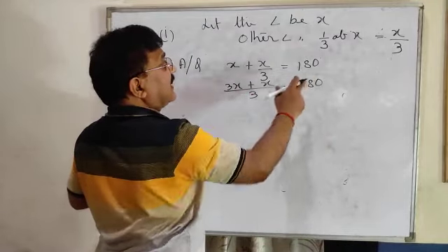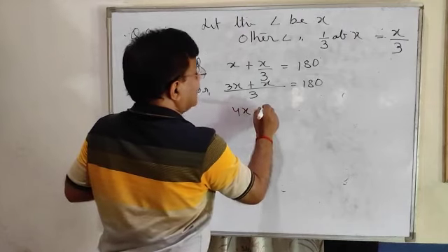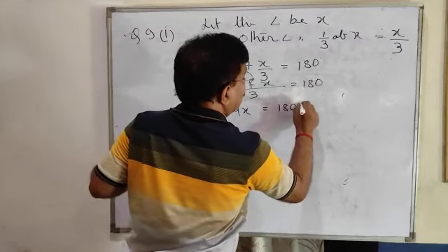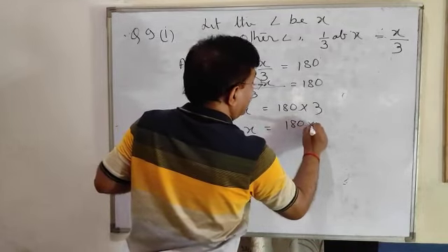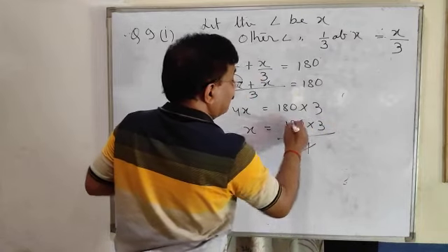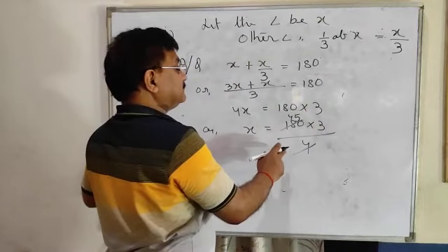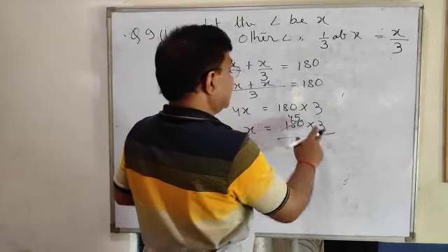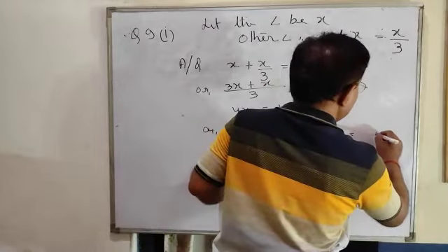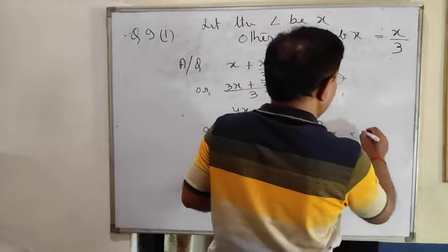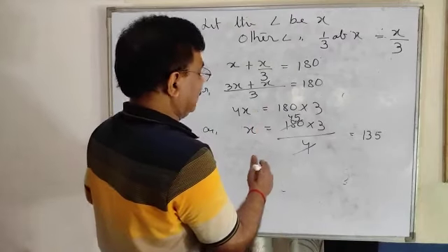This is in division, that will go that side and become multiplication. 3x and 1x, 4x is equal to 180 into 3, or x is equal to 180 into 3 by 4. 4 4s are 16, carry 2, 4 5s are 20. So this is 45, and 45 into 3: 5 3s are 15, carry 1, and 4 3s are 12, and 1 makes 13. One of the angles is 135 degrees.